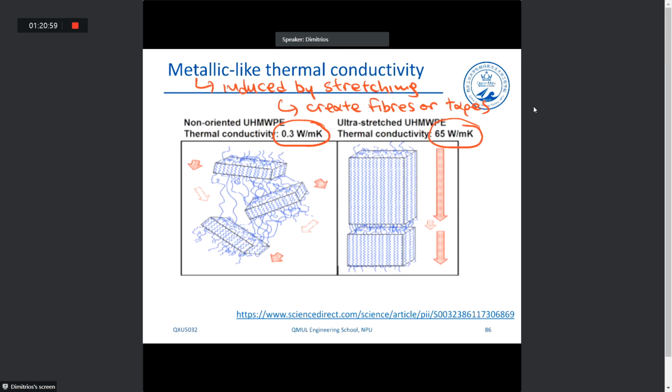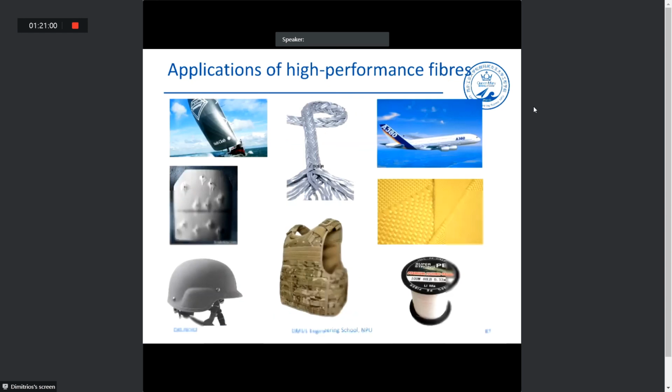Electrospinning is another process where, in this case, we do not create fibers in large dimensions, but we create nanofibers, okay? So in this case, what happens, we have a polymer solution here, and we apply high voltage to this region here.